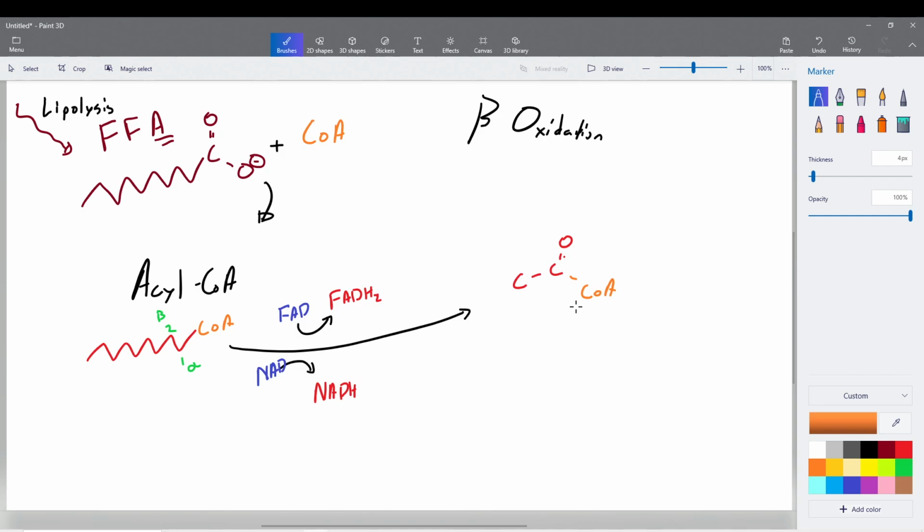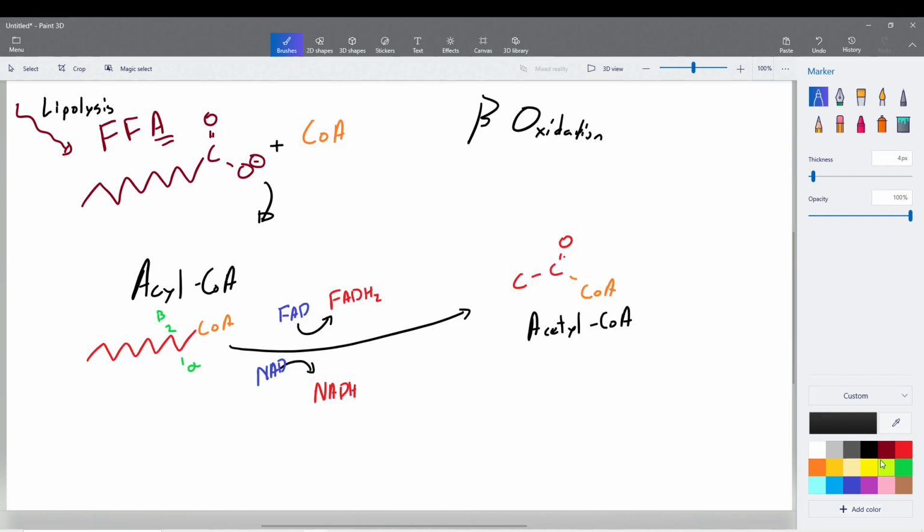Hey, we already have a name for something that's a 2-carbon chain attached to a molecule of coenzyme A. This is our old friend, spelled differently, acetyl coenzyme A. Acetyl coenzyme A is that 2-carbon chain, and we've broken 2 carbons off.